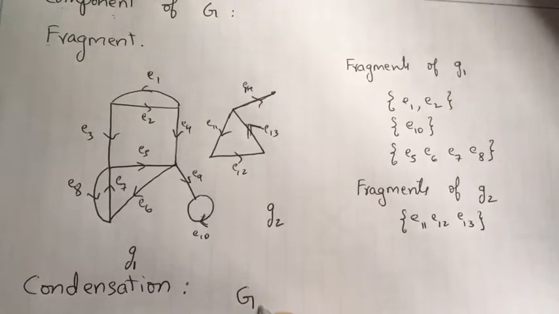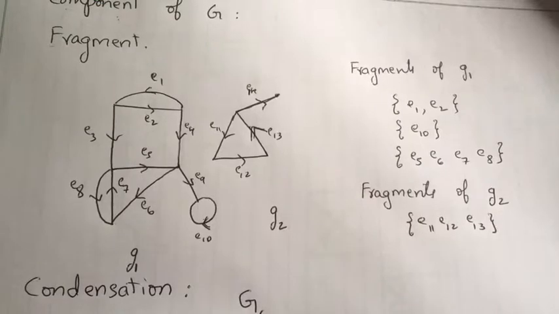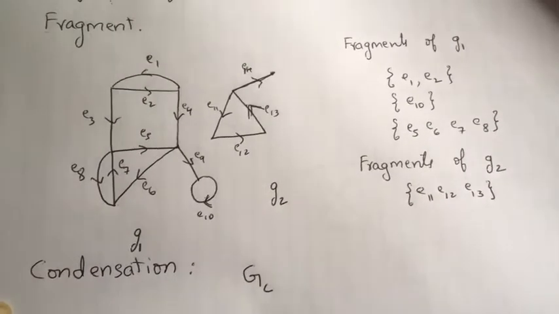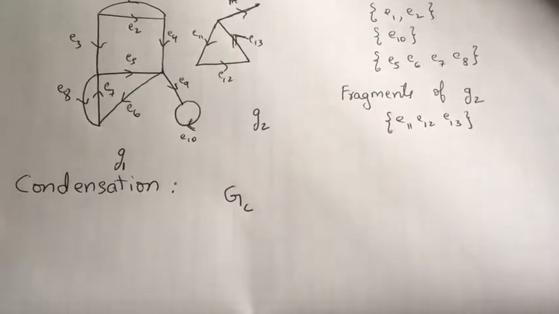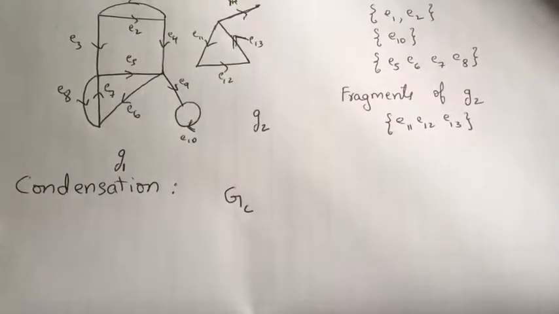The condensation, denoted GC, of a digraph G is a digraph in which each strongly connected fragment is replaced by a vertex, and all directed edges from one fragment to another are replaced by a single directed edge.